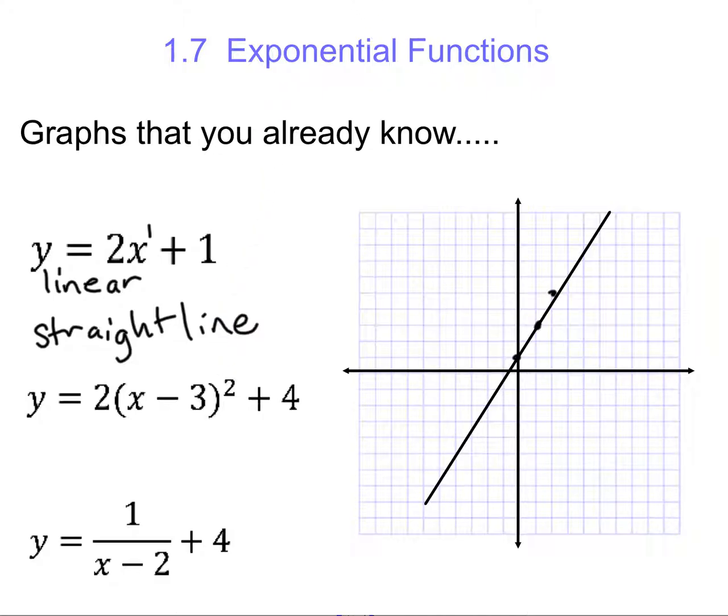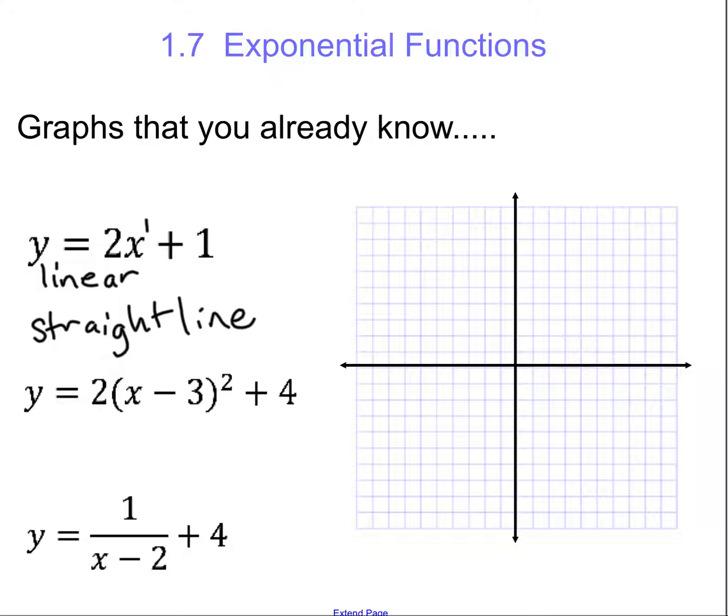Okay, now if I go to the second one, it should be a reminder of the end of the last book, which was talking about things that were squared. So I had 2 times the quantity x minus 3, squared, plus 4. Remember that that means it was a parabola.